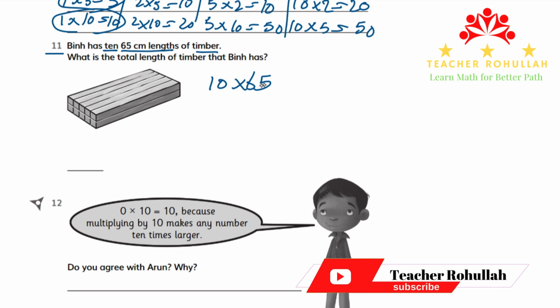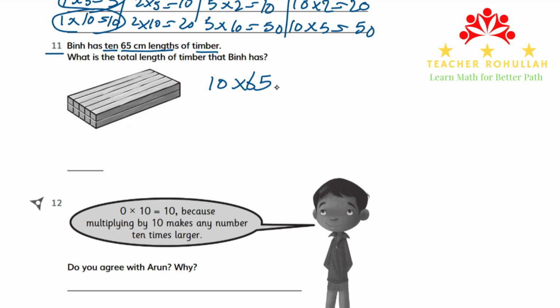I said in the previous example that when we multiply any number by 10, we can write the number itself and write a 0 to the right of it, and we get 650. So the total length of timber that Bean has is 650. Let me write that here, since it's asking us to write the total. Let me move to the next question.